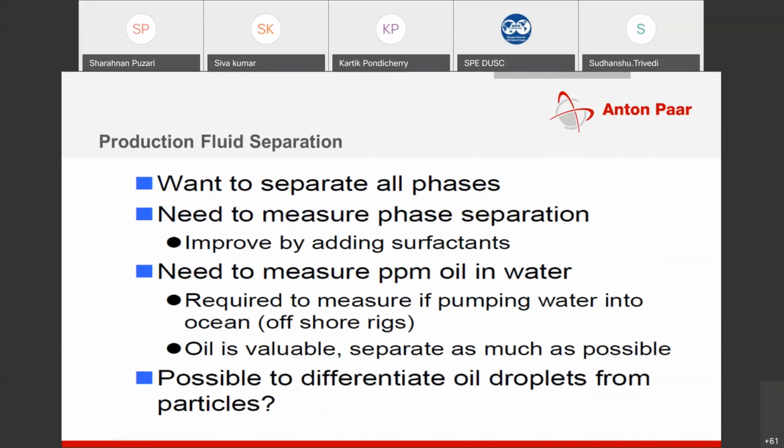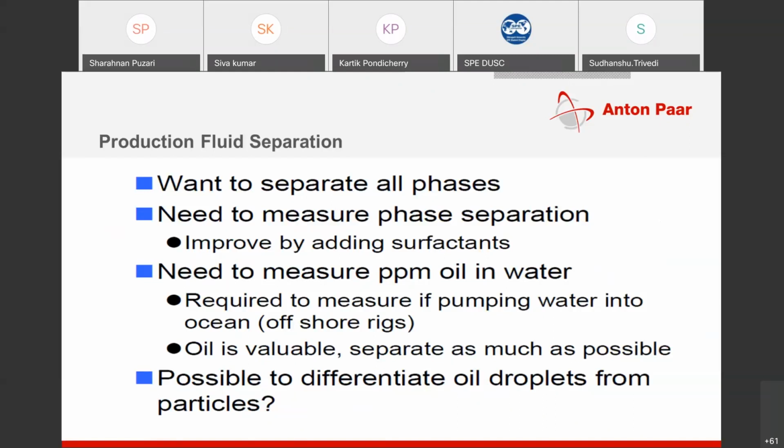These are the two applications majorly used for fluid separation. So it is required to measure if pumping water into the ocean, offshore rigs, or if oil is valuable, separate as much as possible. So it is possible to differentiate oil droplets from particles. So these are the major applications in fluid separation.